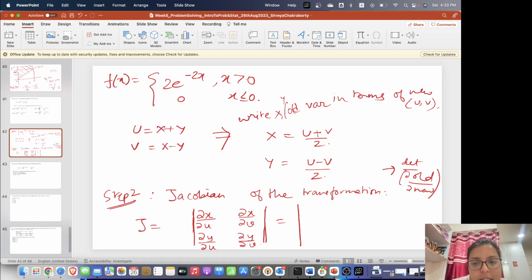This is something which we need in order to go for any kind of transformation. If this has not been discussed, please note it here. If we have something like x plus y, x minus y, to go from f of xy to f of uv, we need a Jacobian.